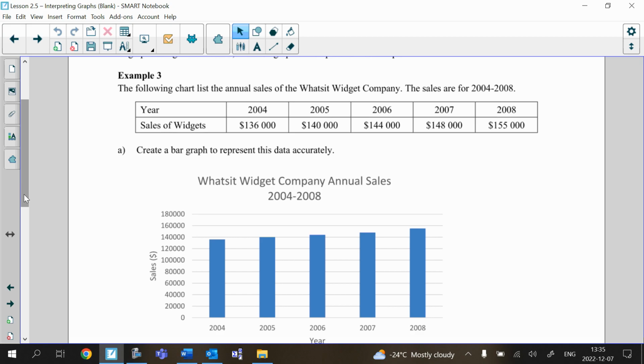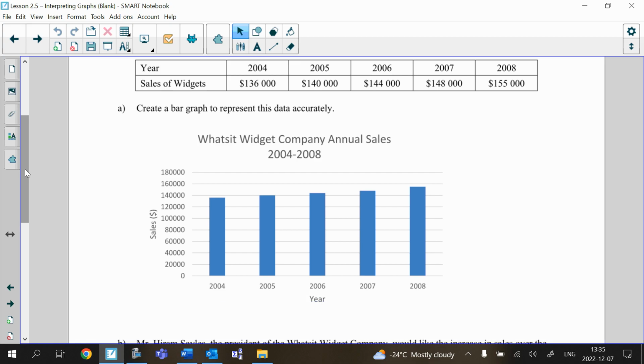So if we just graph it using a good scale, starting at 0, we can see that there's a gradual increase. Okay?